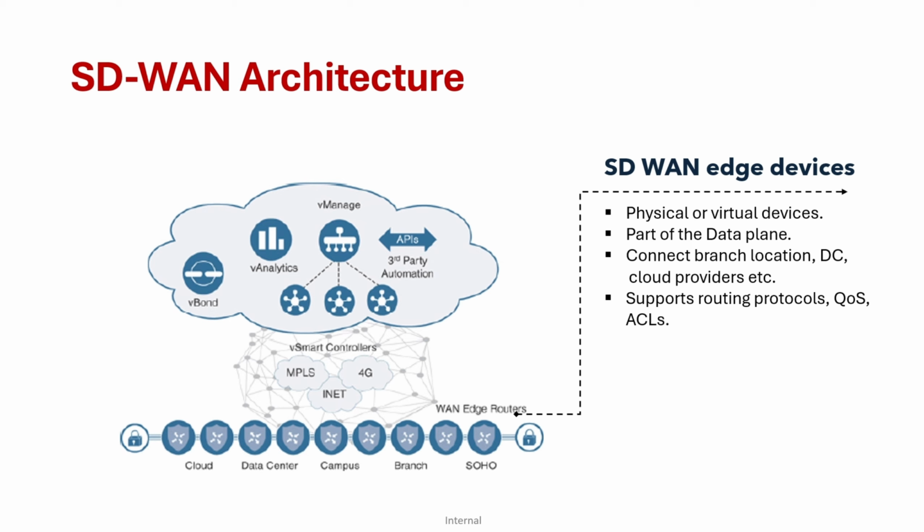And for communication between devices, you need to remember this: between these devices, it forms an IPsec tunnel. To communicate with the controller, it uses DTLS, but between the devices, it forms the IPsec tunnel to ensure communication across the WAN is secure.